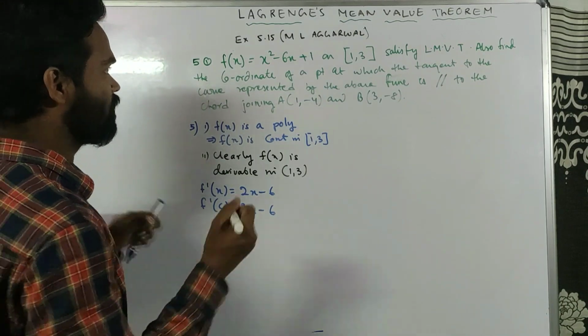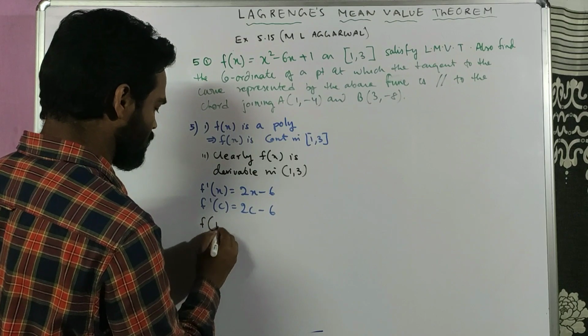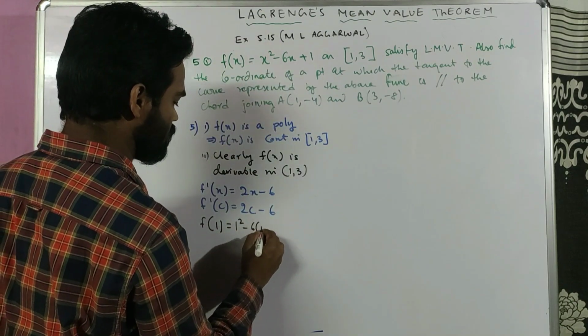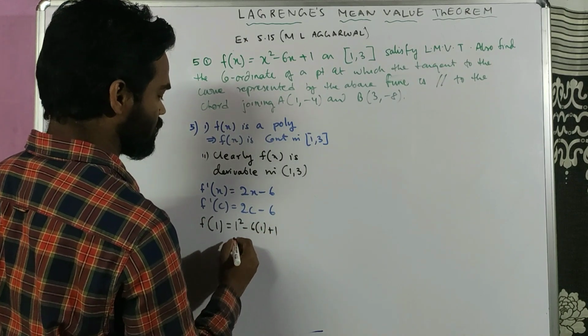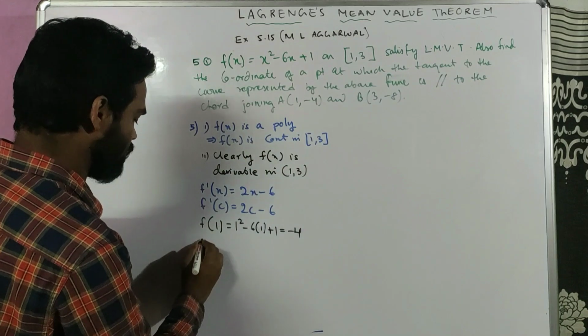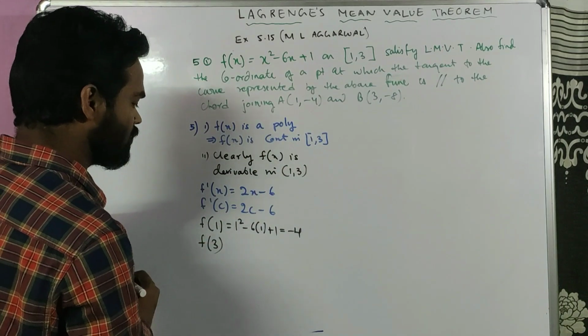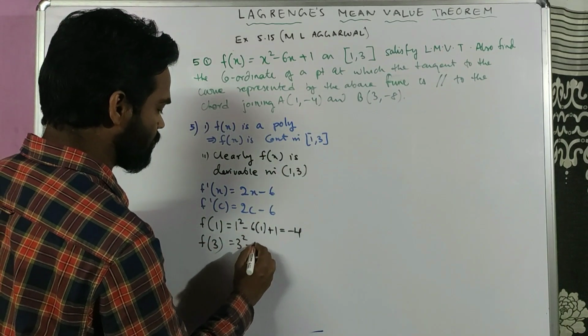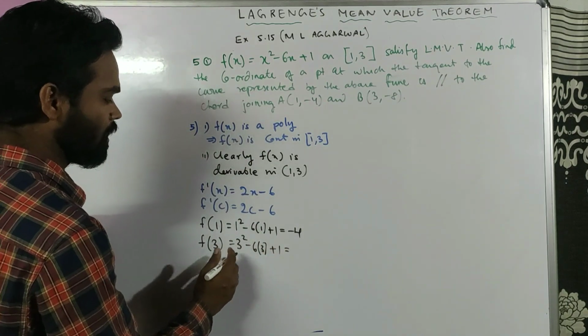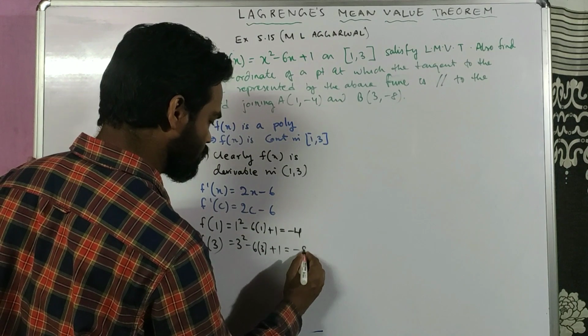Now we'll find f(a). f(a) means f of 1. So we'll put 1 over here. So 1 square minus 6 into 1 plus 1, that's minus 4. We'll find f of 3. f of 3 is what? 3 square minus 6 into 3 plus 1, that means minus 8 it will come.